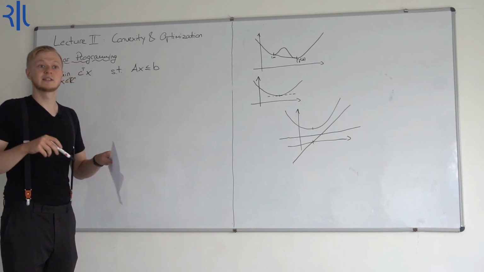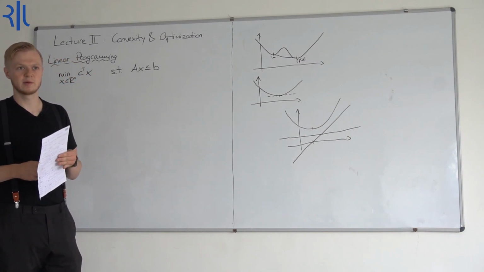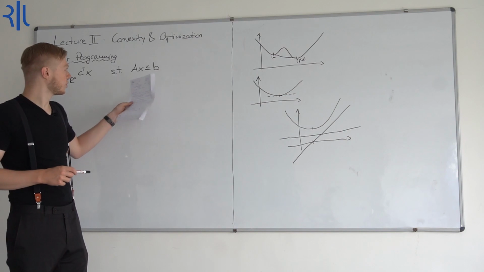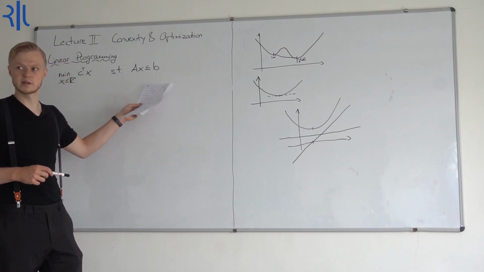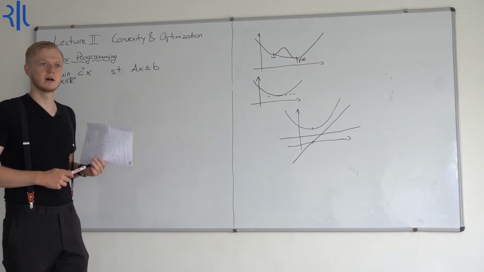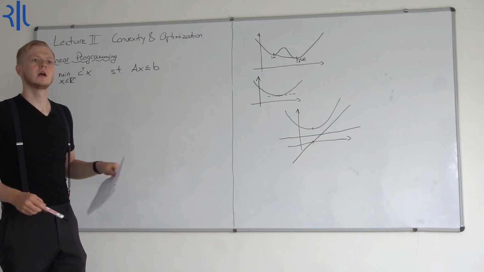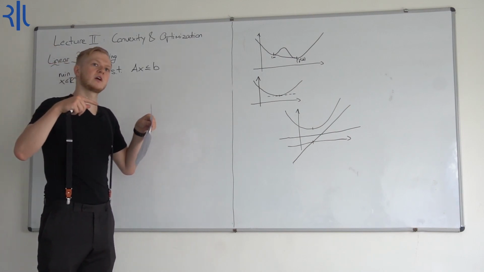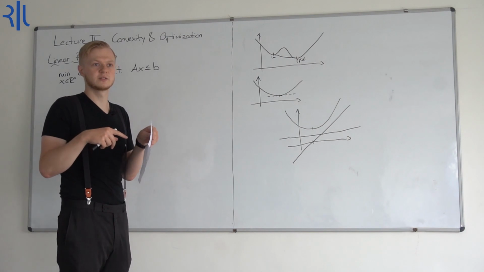That is just the same thing as a half space, if you remember. So what you demand here is that the x's that are allowed are in the intersection of many half spaces.